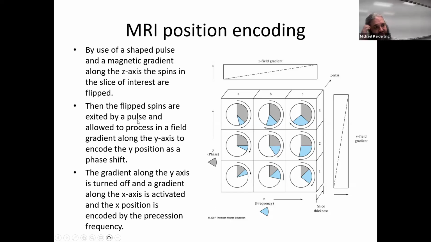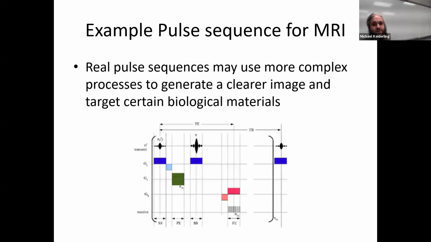And there may be other pulses in there to do a spin echo or things to extend the length of the signal or to maximize, to excite things. MRI pulse sequences get very complex. So the real pulse sequences may use more complex processes to generate a clear image or target certain biological materials.